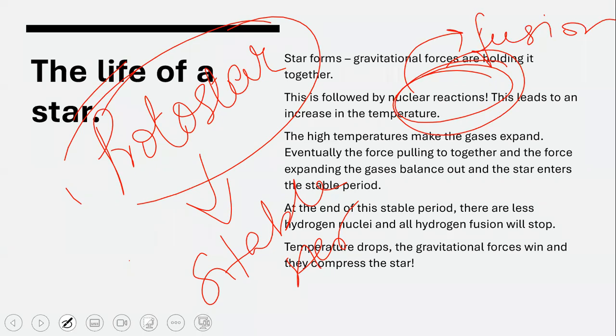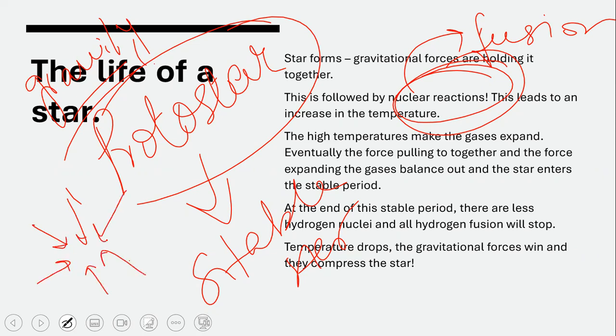Going back to the protostar, your cloud of dust was collapsing. Why was it collapsing? Because of gravity, because of gravitational forces, right? Those gravitational forces were pulling the gas particles inwards.